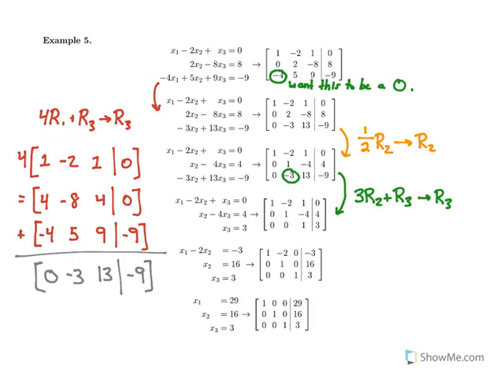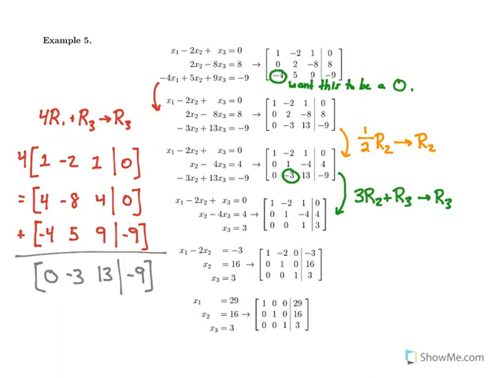It's the same operation as we did before. 1 times 3 minus 3 is 0. 3 times minus 4 is minus 12, plus 13 is 1. And 3 times 4 is 12, minus 9 is 3. That gave us our 0, 0, 1, 3 right there.